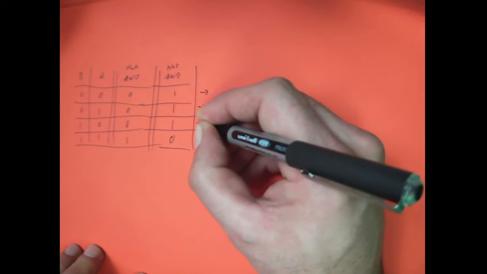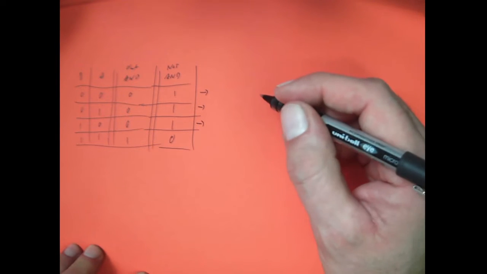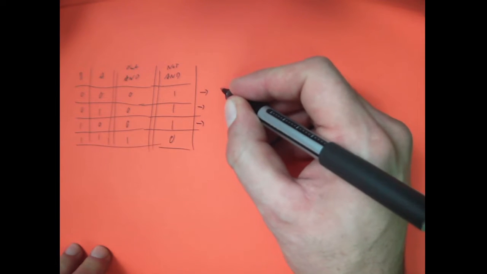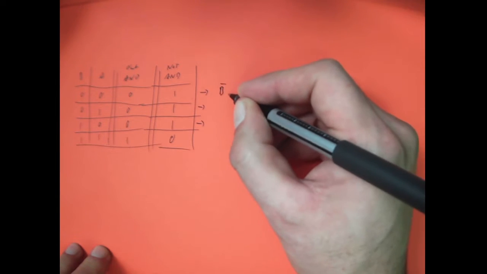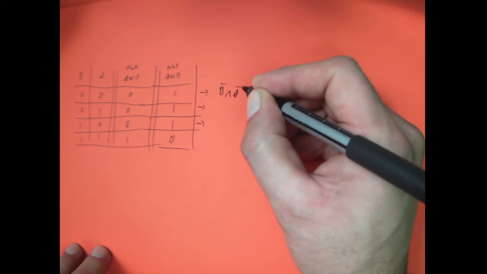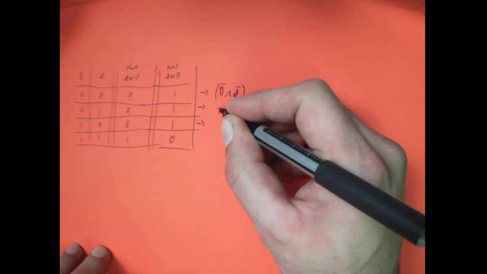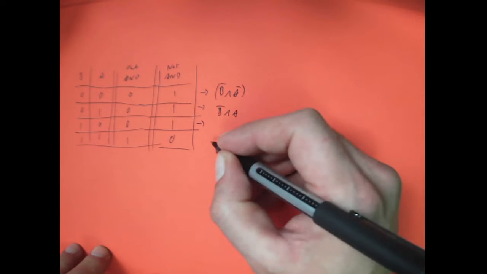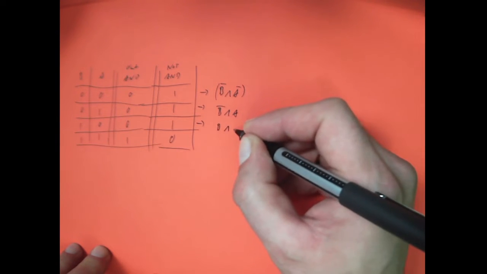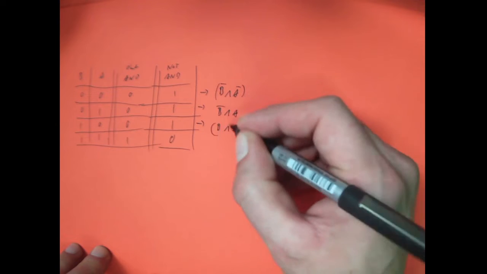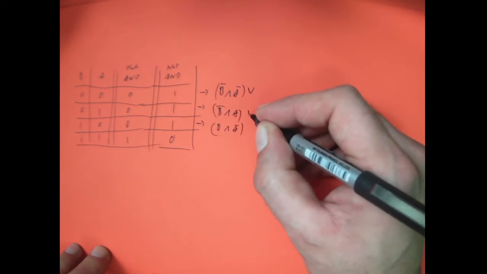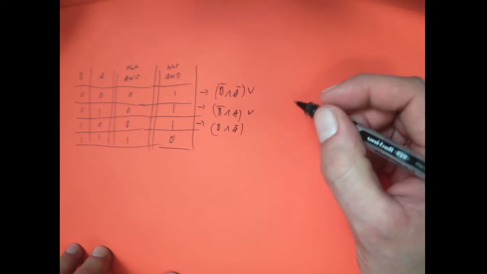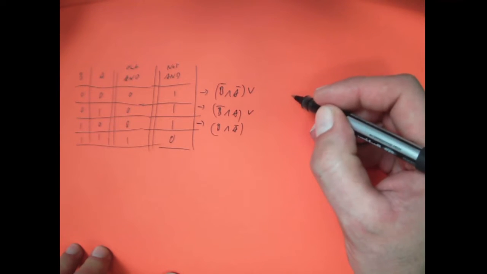So now we can just follow what we have done with the disjunctive normal form. So for each of the lines where we have a 1 in the output, we create our terms. So B not and A not, B not and A, B and A not. And we combine all of them with OR, so that we can now use this for a simplification with a Karnaugh-Veitch diagram.